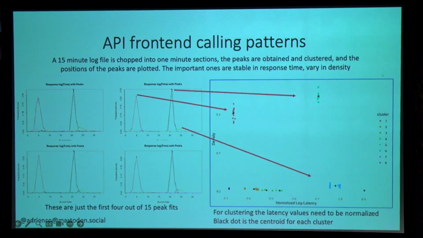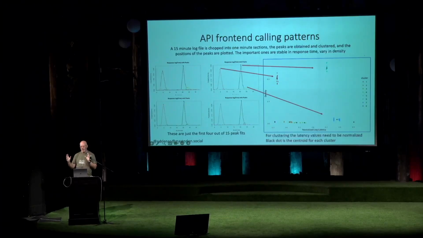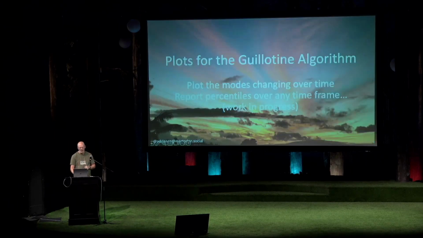It looks at all of the peaks and says this is near enough to this, so it must be the same one, because the numbers aren't exactly the same. And you can see that the height of the peaks is moving up and down, but they're not moving side to side very much, right? Over at least this fifth. The system I took this off was actually struggling a bit at the time. There were some issues going on, and there was some variation happening.